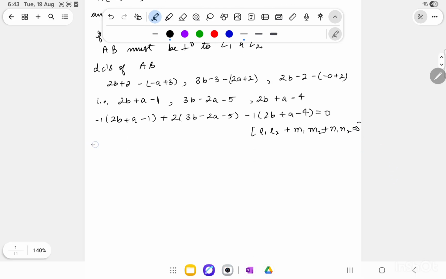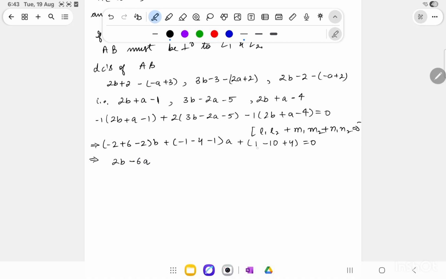So if I simplify this, I will get minus 2 plus 6 minus 2b, plus minus 1 minus 4 minus 1a, plus 1 minus 10 plus 4 equals 0. On further simplifying it, I'll get 2b minus 6a equals 5.